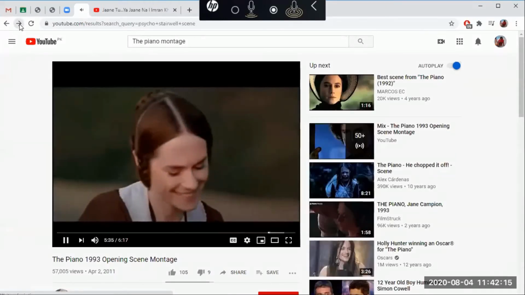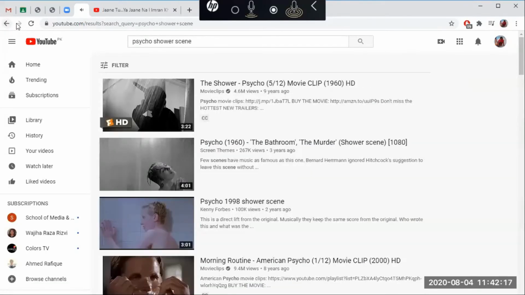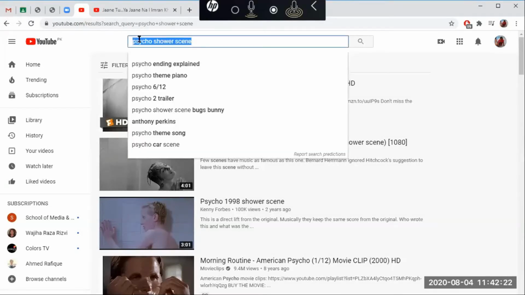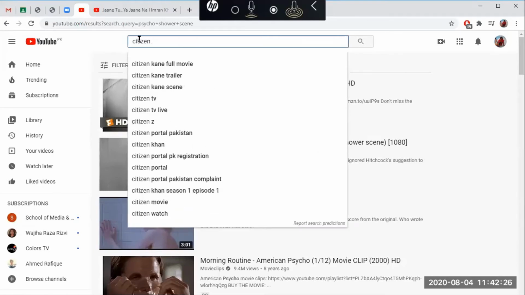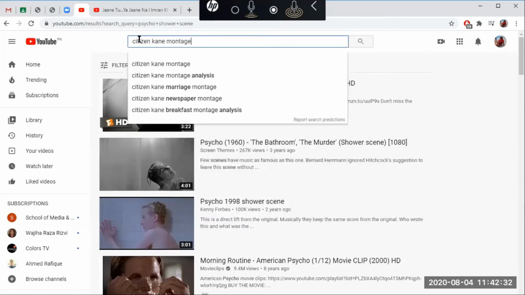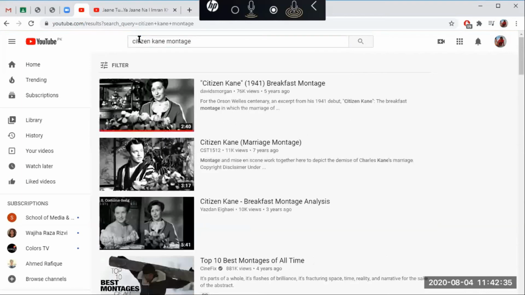We can try looking for that montage as well. While she's working on the puzzle, I think we also have images.